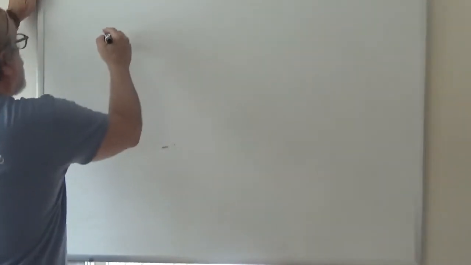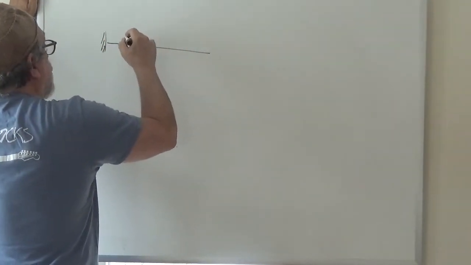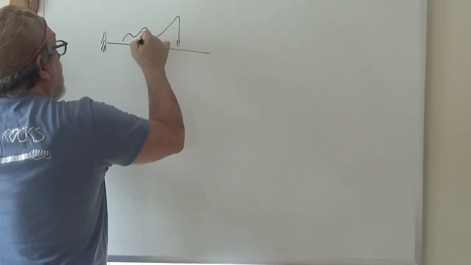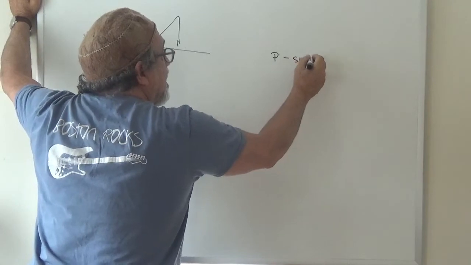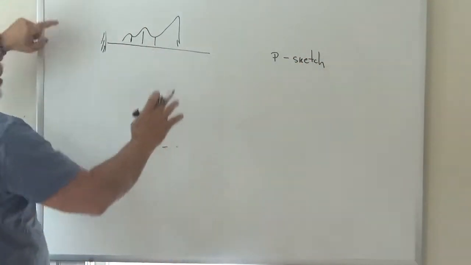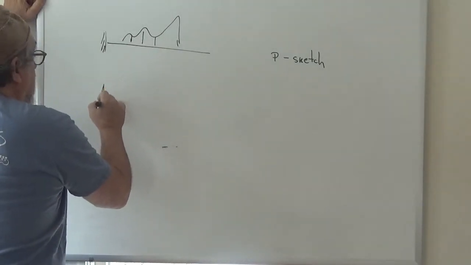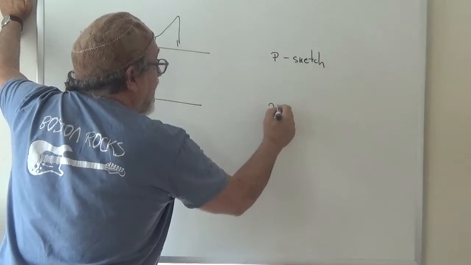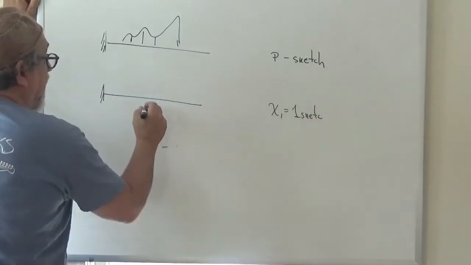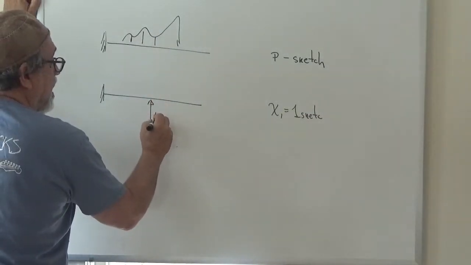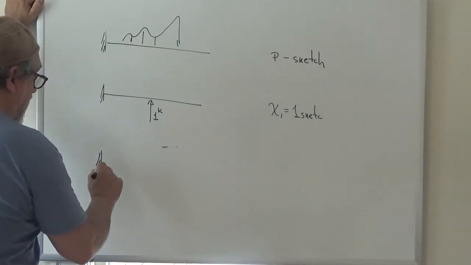So now we get to the solution and we say the primary structure with the loads, this is called the P-sketch. So we draw the primary structure with the loads again. That's the P-sketch. Then we have the x1 equal to 1 sketch. In our case, that would be this. And then we have the x2 equal to 1 sketch.